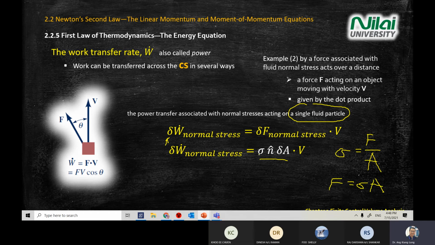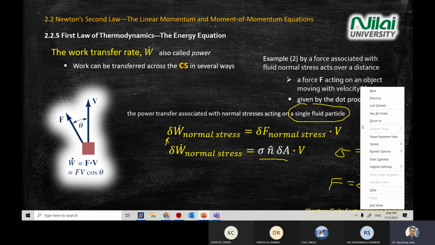That's why I purposely highlighted this in white, to show you that the stress has a vector form, stress vector times A, but the concept is what I wrote here: force equals stress times area, and the velocity.